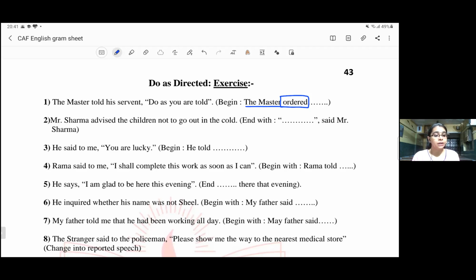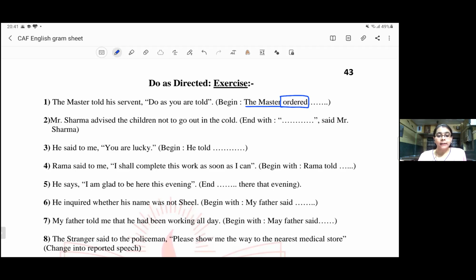Next, Mr. Sharma advised the children not to go out in the cold. End with Mr. Sharma. Answer: do not go out in the cold, children, said Mr. Sharma.